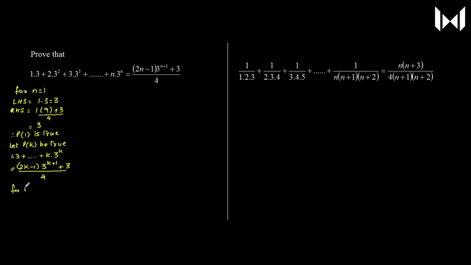Now for Pk plus 1, we substitute the value of n as k plus 1, and so we have the left hand side, and that is 2k minus 1 into 3 raised to k plus 1 plus 3 upon 4 plus, now over here in place of n it becomes k plus 1 into 3 raised to the power k plus 1.